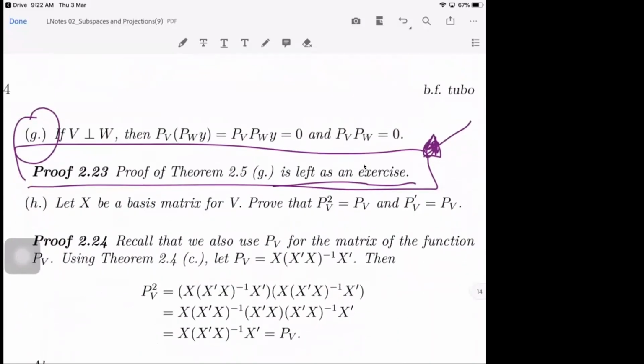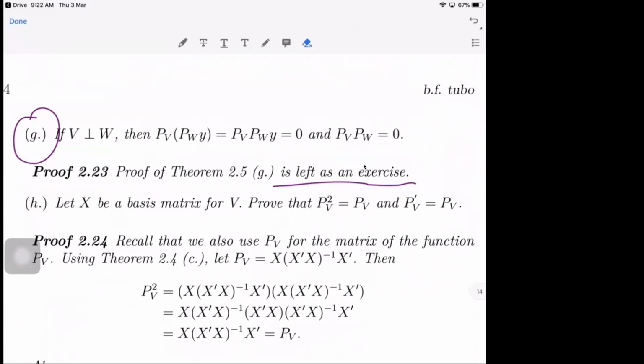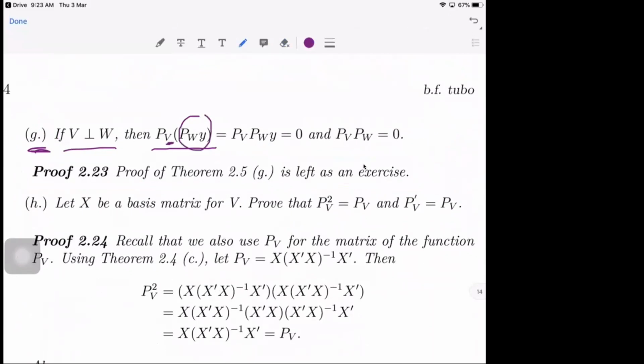Next. So this is your next exercise. Aside from the problem set, I haven't set a problem set yet, no? But this is your next exercise, letter G. So if V is orthogonal to W, then the projection of the projection of y onto W onto V, you can remove the parentheses there, is just 0.